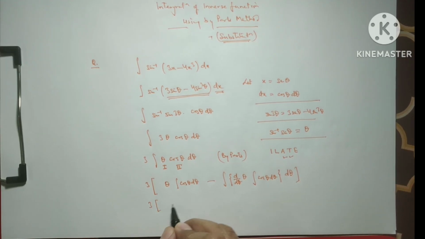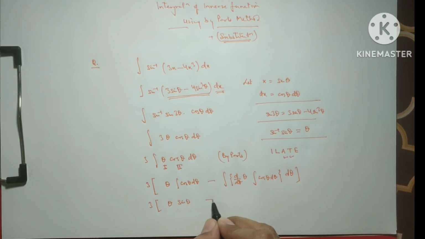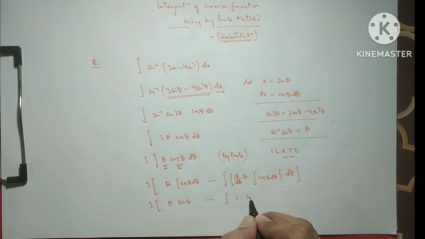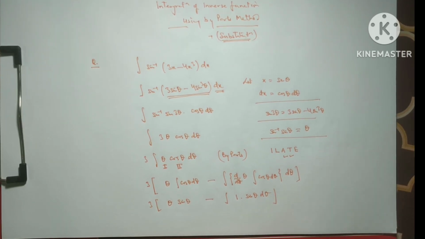Right now it is theta, and the integration of cos theta is sine theta, minus the differentiation of theta is 1 and the integration of cos theta is sine theta. So right now we will integrate this sine theta.